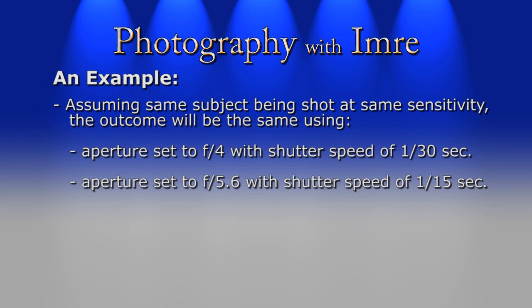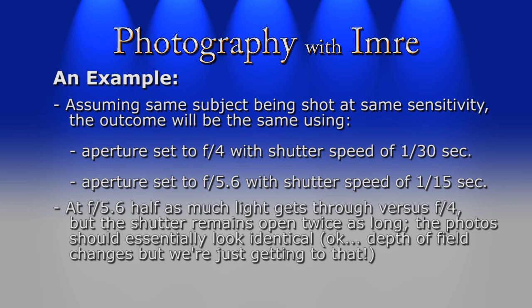See what happened? We closed the aperture one full stop, which means a reduction of light by half. But we doubled the time period the shutter is open for, so even though we have half as much light at f5.6 compared to f4, we exposed the sensor for twice as long.